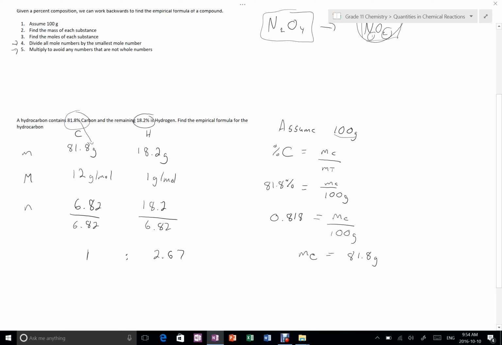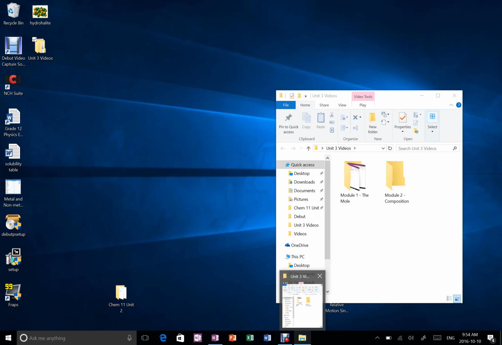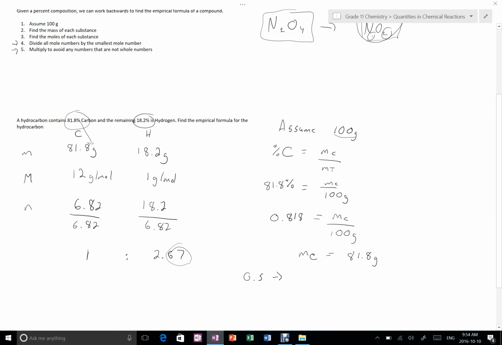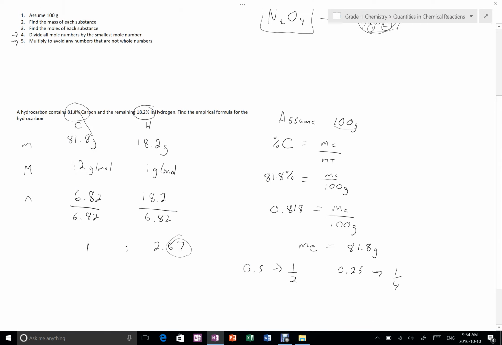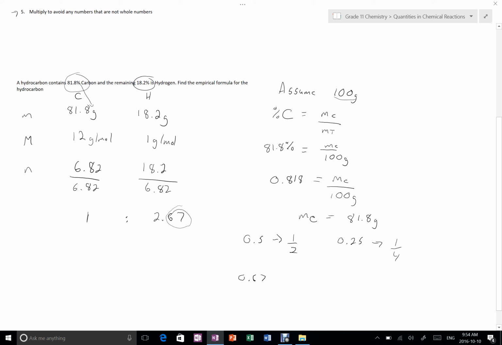So when I look at this division, I'm thinking about what fraction gives me a decimal that looks like that. If it had been 0.5, hopefully you would have recognized that's related to 1/2. If it had been 0.25, hopefully you would have recognized that that's related to 1/4. Here I have 0.67, and hopefully you'll remember that's related to 2/3.